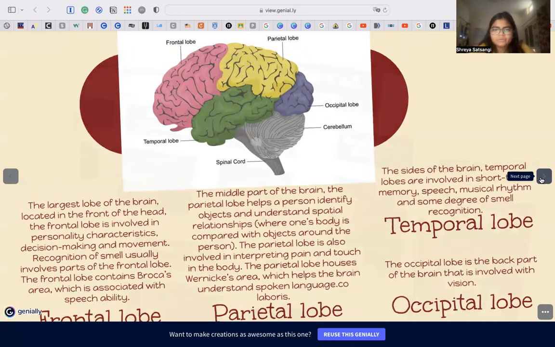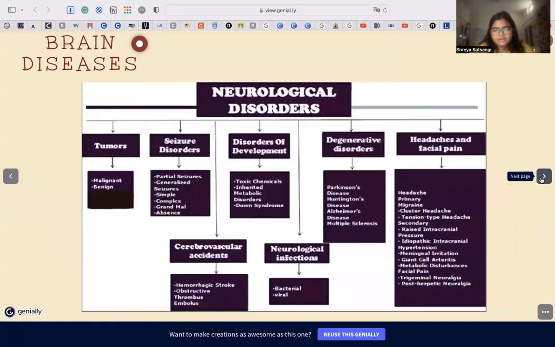Now, there are neurological disorders. They are of different types. We can see tumors. We have seizure disorder, which I will be talking about. One of them is epilepsy, a seizure disorder. Then we have cerebrovascular accidents, disorders of development, neurological infections, then degenerative disorders, one of which I will be talking about is Alzheimer's.